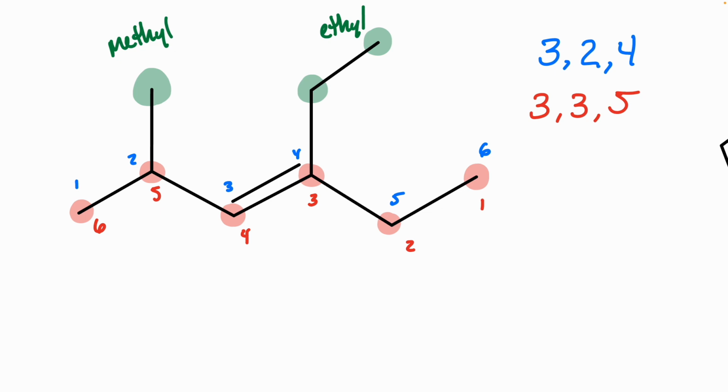Which one do we want to go with, red or blue? Blue. So we didn't even get to the alphabetical order yet, right? Because we didn't have a full-on tie with all of our numbering. We are still going to go to the lowest number in the name here. In this case, I was tied at my double bond, so I'm going to look at the position of everything else to make sure I have the lowest number in my name. So we're going to go with blue.